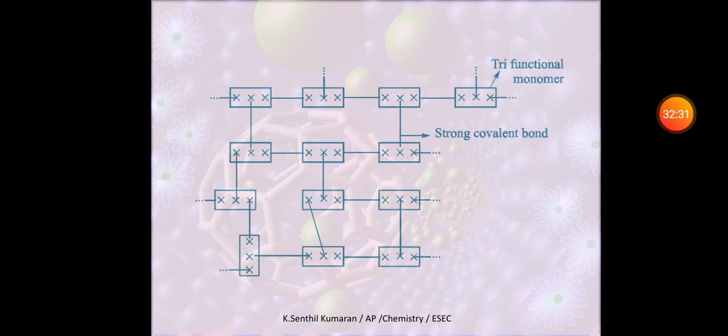Trifunctional monomer means the monomeric unit contains three functional groups, like the glycerol structure. So totally there are three types of functional monomer.